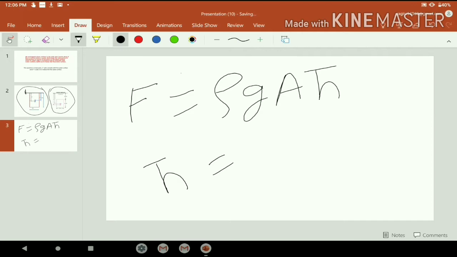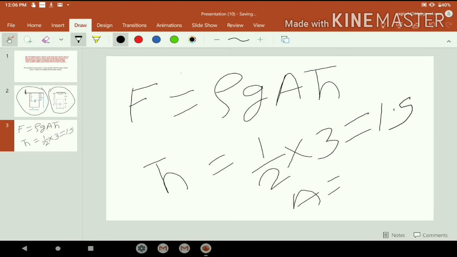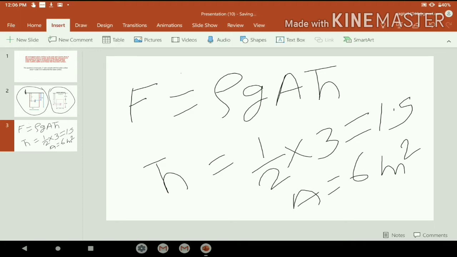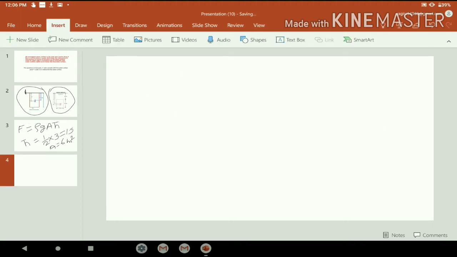H bar for a rectangular plate coinciding with the free water surface is simply half of the depth. The depth is 3 meter, so it means 1.5 meter, and the area is 6 meter square. Rho and G we already know.